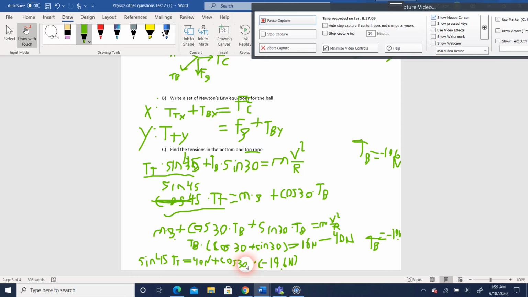And from here on out, we just need to multiply this through, solve, and that's algebra. I don't want to waste any of your time.